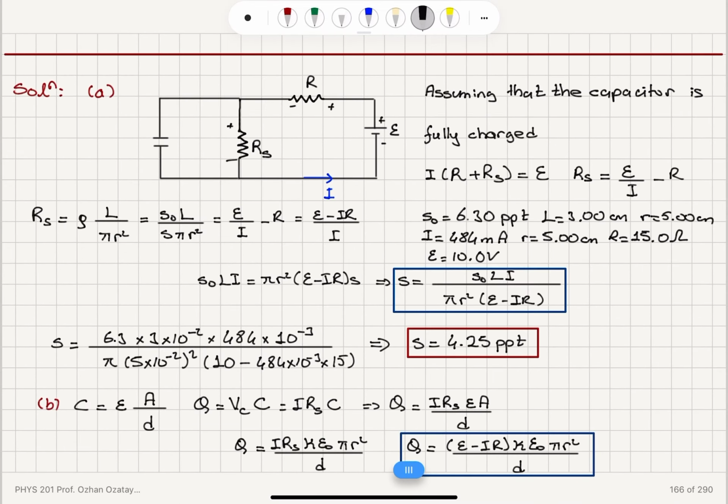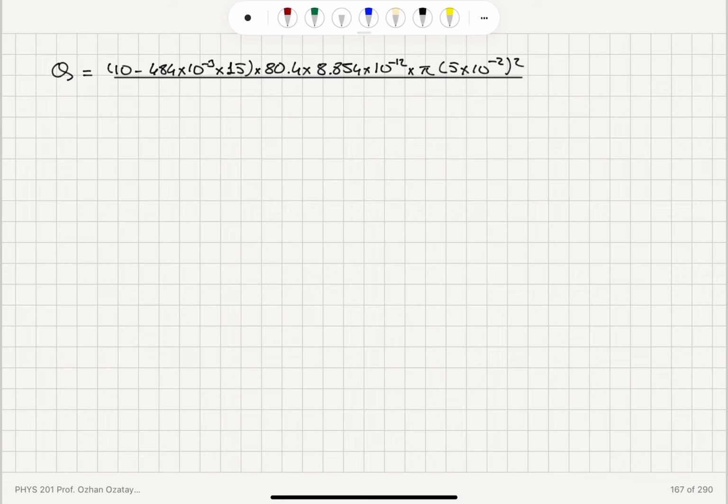How much is the separation between the plates? It is L, which is 3 centimeters here. So this is 3 times 10 to minus 2 meters. So this gives me a total of 5.11 times 10 to minus 10 coulombs, which can be rewritten as Q is equal to 511 picocoulombs.